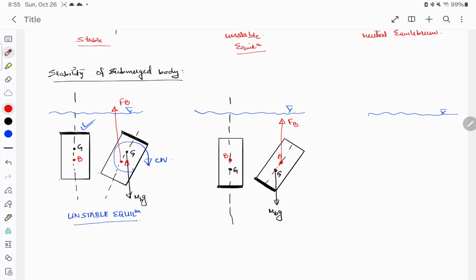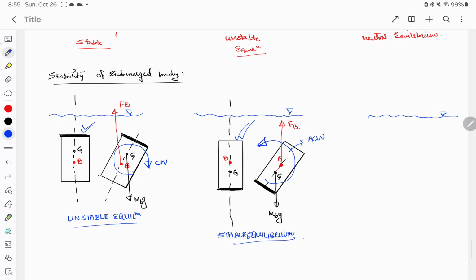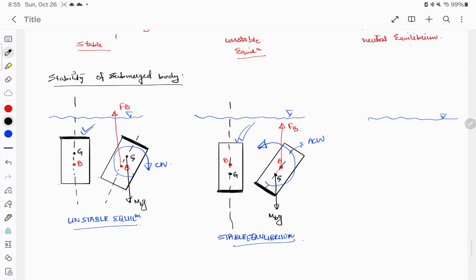And now you can see this particular force arrangement is making a couple in the anti-clockwise direction, which is trying to regain the initial shape, right? But in the previous case it was not like that. So this is a stable equilibrium.